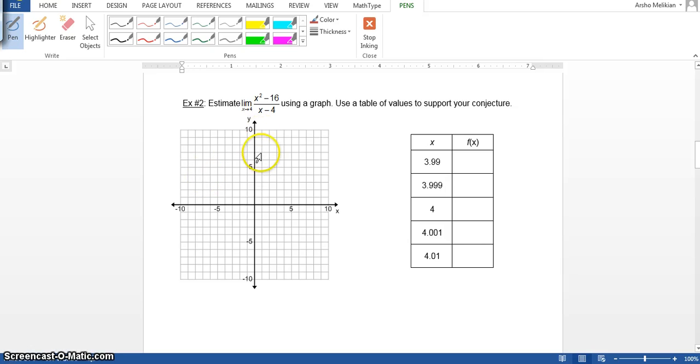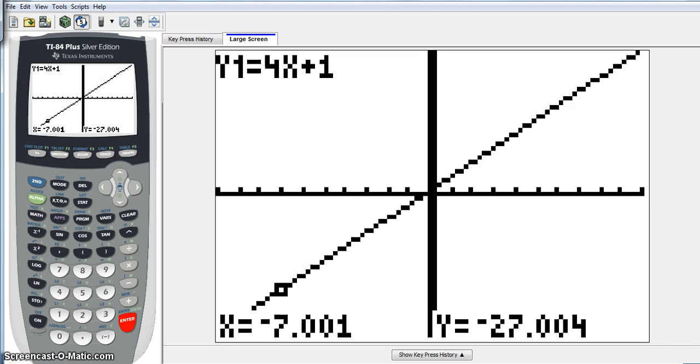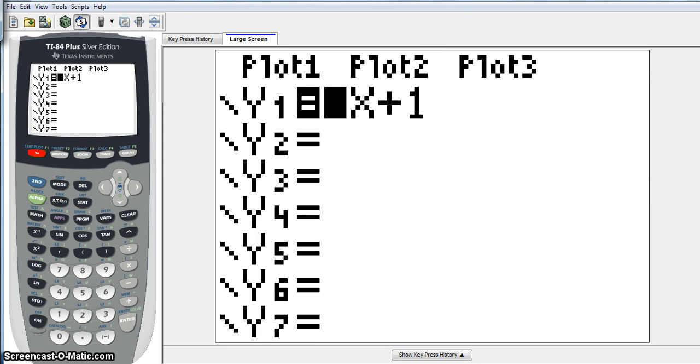We need to graph this equation. We're going to plug it into our calculator. It is x squared minus 16 over x minus 4.